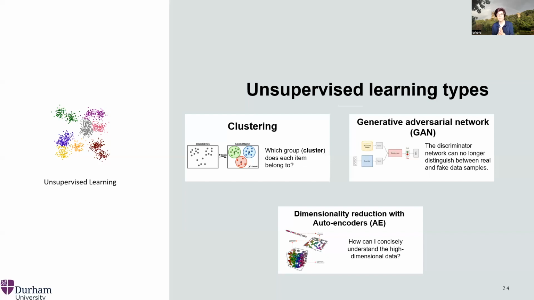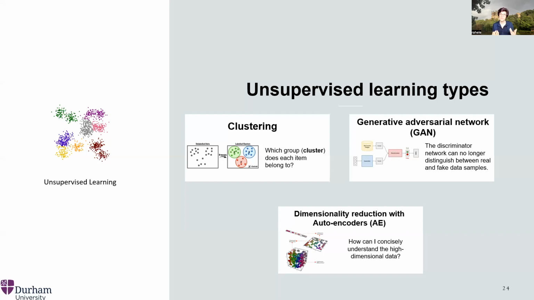The other unsupervised learning type that's relatively new is generative adversarial networks, or GANs. In GANs, again, we don't have a label. Imagine that I have a bunch of images and I want to produce a new image that is very similar to these ones, but it's not a copy of them. So what happens is that I make a kind of network, we call it the generator. As input, we give it some noise data and we expect it to produce the output.